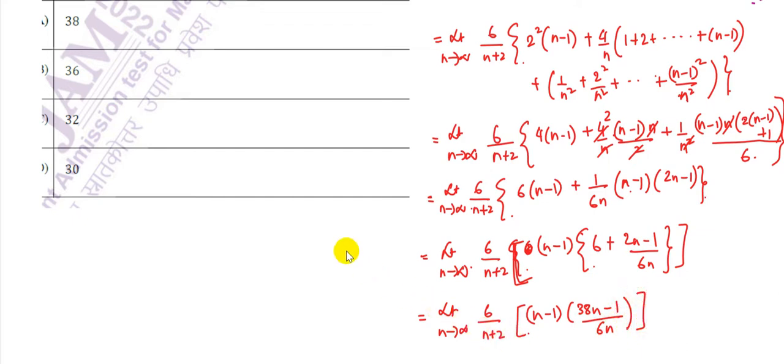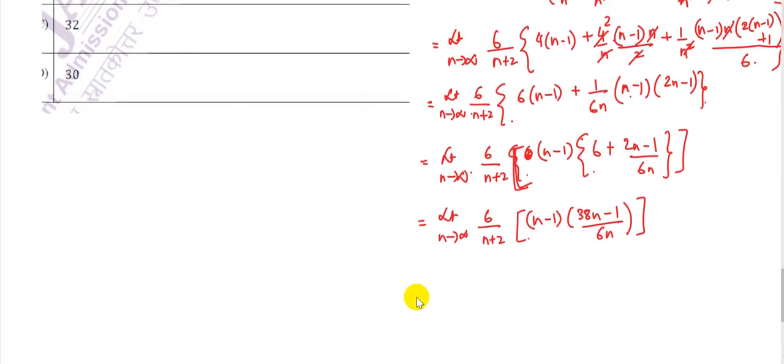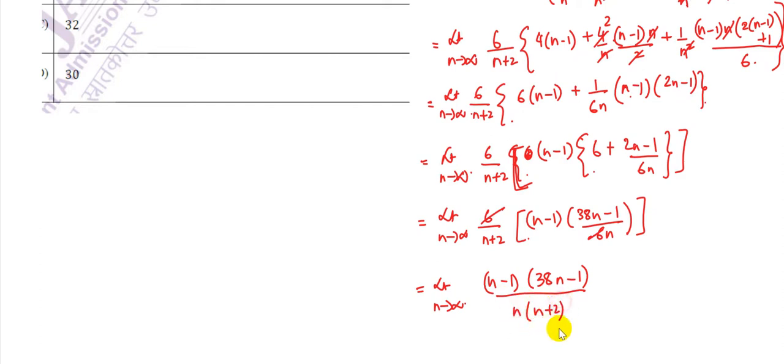So this becomes limit n tending to infinity. Then you have 6 and 6 will cancel out. Then you have n minus 1 into 38n minus 1 by n into n plus 2.